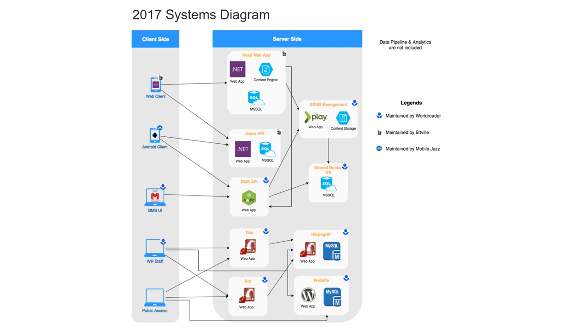One of them handles all the metadata, and the other one, the EPUB management, handles the EPUB files, zips all the EPUB files, and does all the transformations to the images and all the rest.